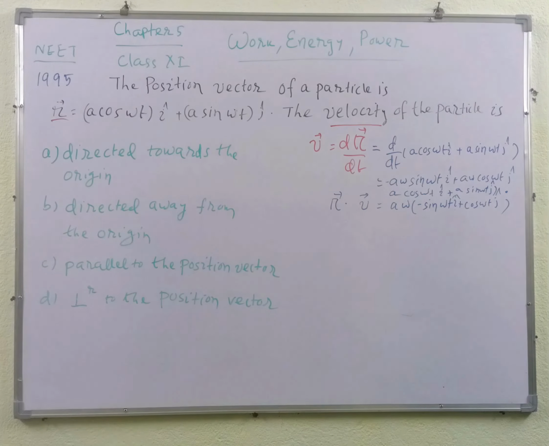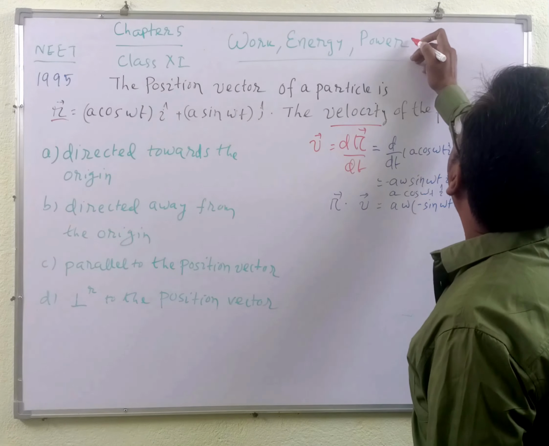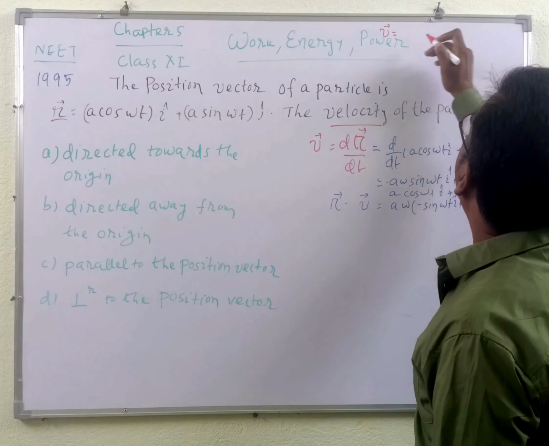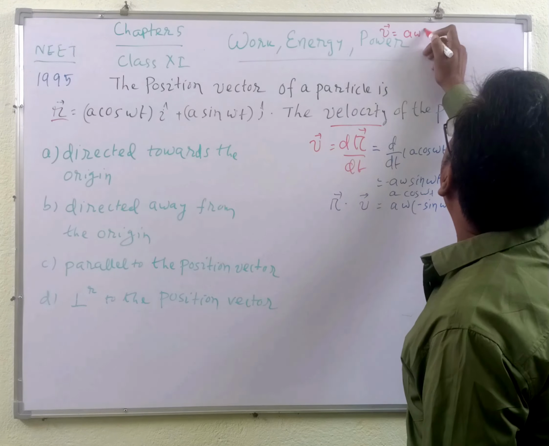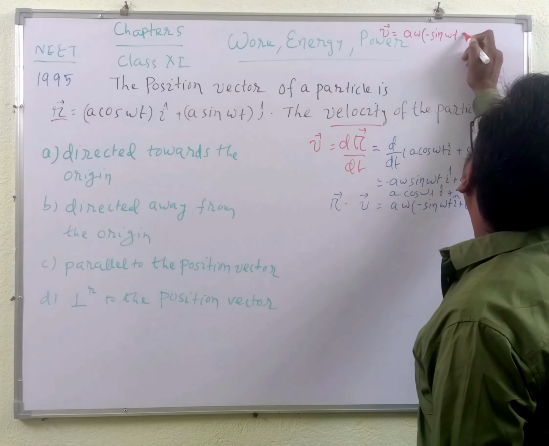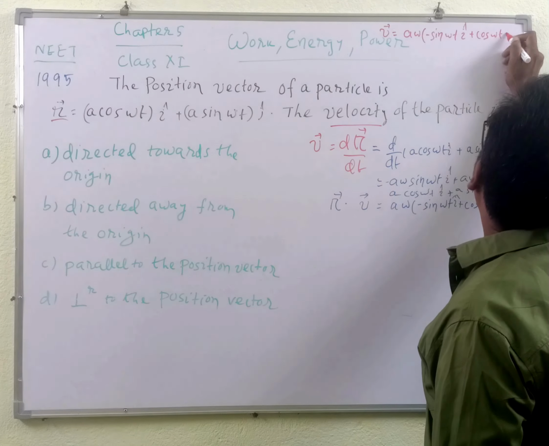Okay, student. Let us write it clearly. First, let us write the velocity v. We found velocity v as a omega into minus sin omega t i cap plus cos omega t j cap.